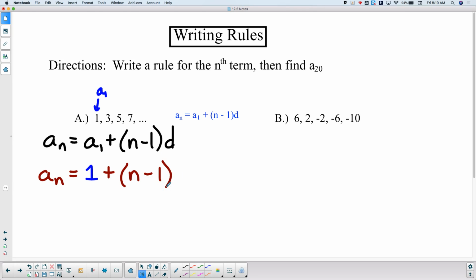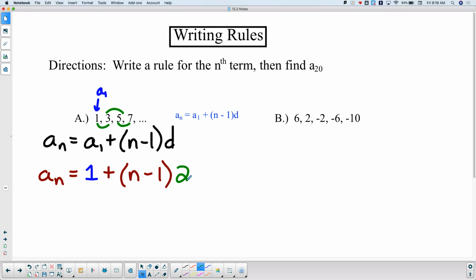Now I just need my common difference. What is my common difference? Positive 2? Because we're adding 2 every time to get to it. Okay? So we have that.